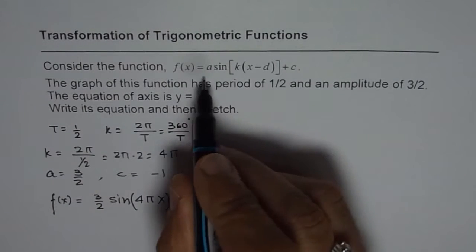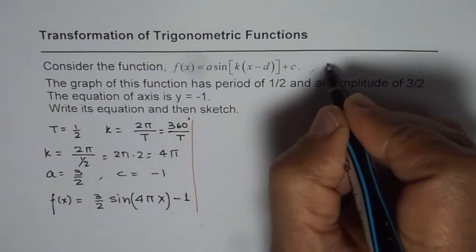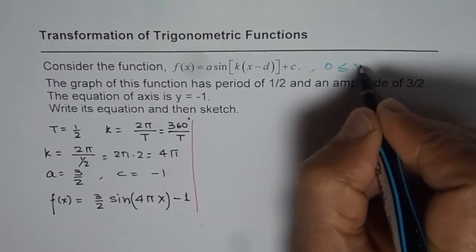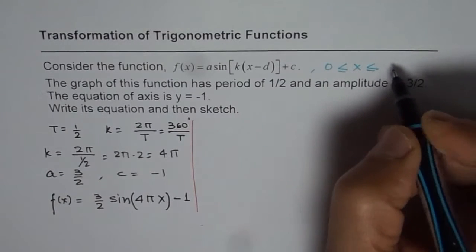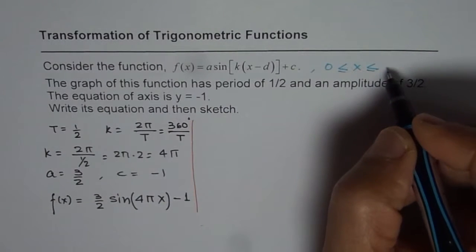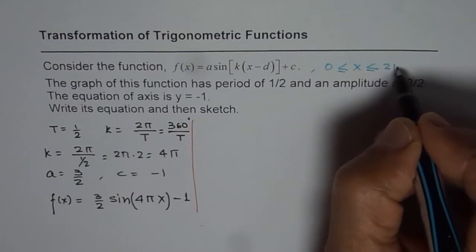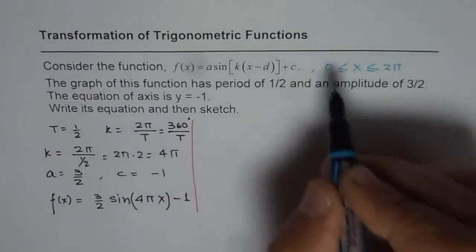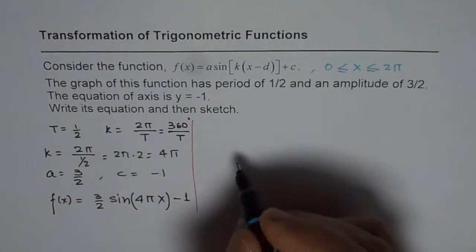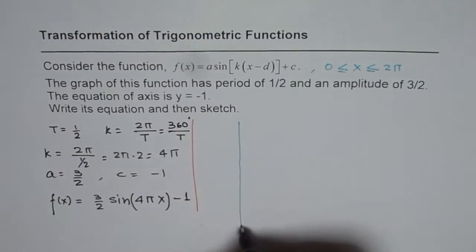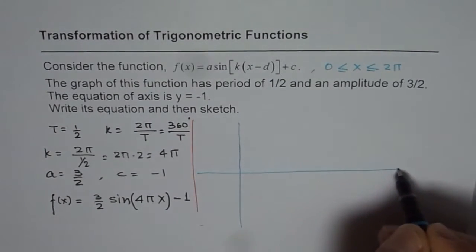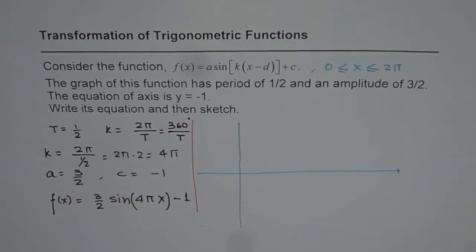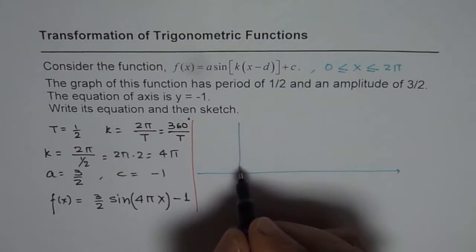We will sketch one sine wave, right? I shouldn't say 0 to 2π as I wrote here, but we'll just sketch one wave, okay? So for sketching a sine wave, let's say that is our axis. Since we have an amplitude of 3/2, which is 1.5, let me have divisions of 0.5, half, right?